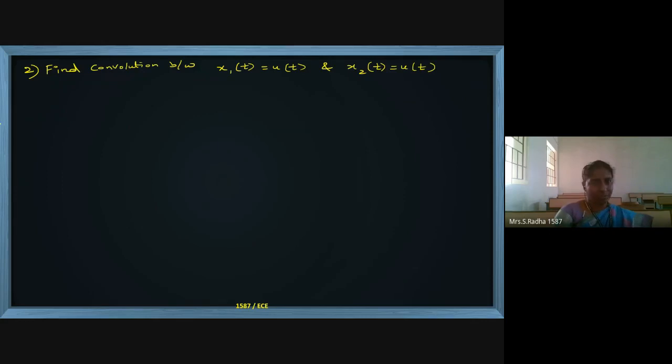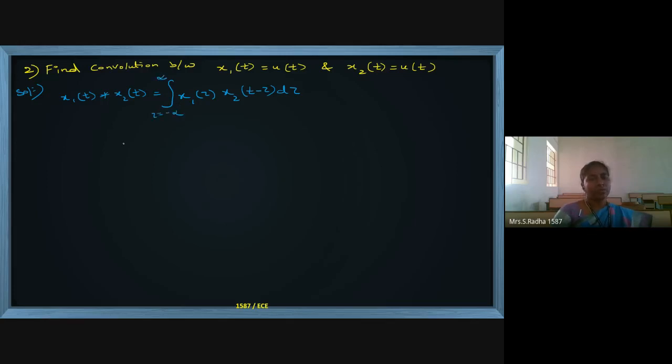Coming to the solution, we know that x1 of t convolution x2 of t is nothing but, any one formula we will take, not to confuse, integral of x1 of tau, x2 of t minus tau, d tau, where tau varies from minus infinity to plus infinity.